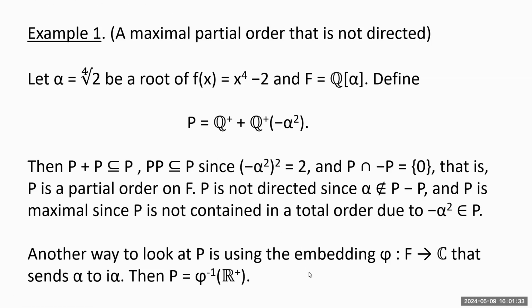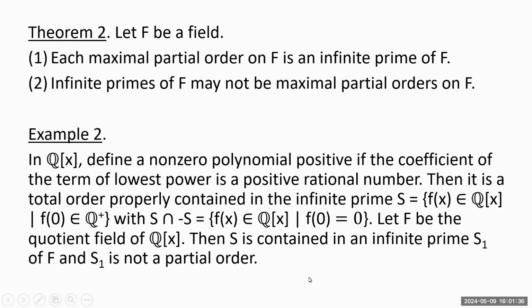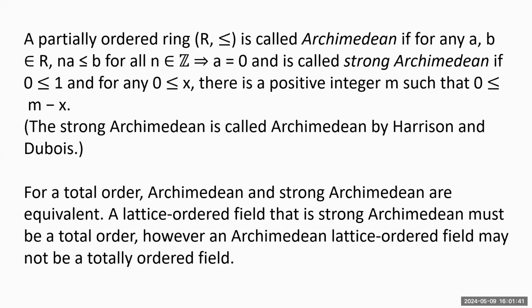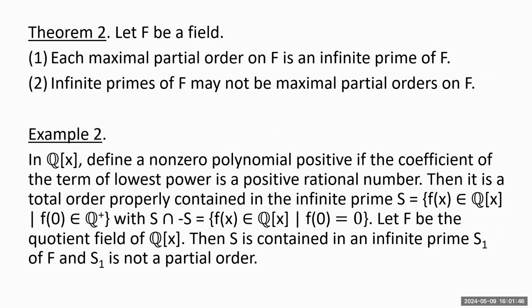So we know the maximal partial orders and infinite primes are identical, but how about the general situation? Actually, for any field, each maximal partial order will be an infinite prime. However, infinite primes may not be maximal partial orders. Here's an example. We take a polynomial ring over Q. We define a polynomial to be positive if the coefficient of the term of lowest power is a positive rational number.